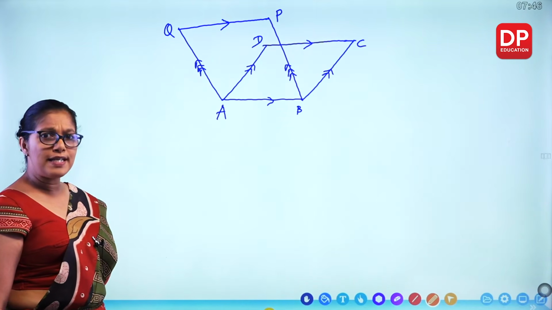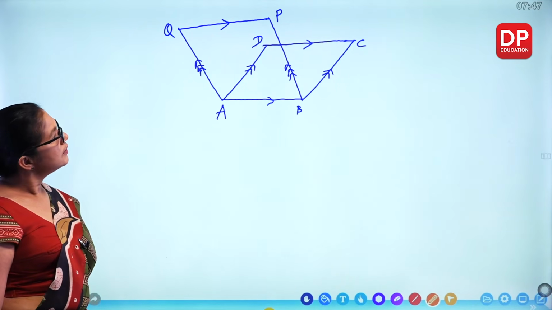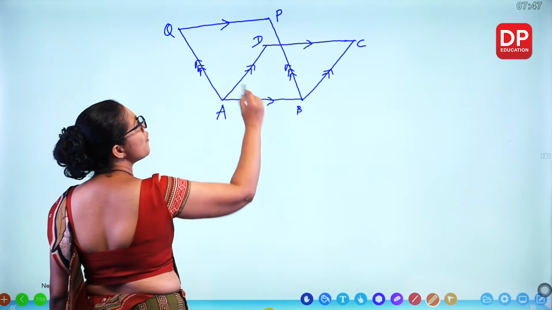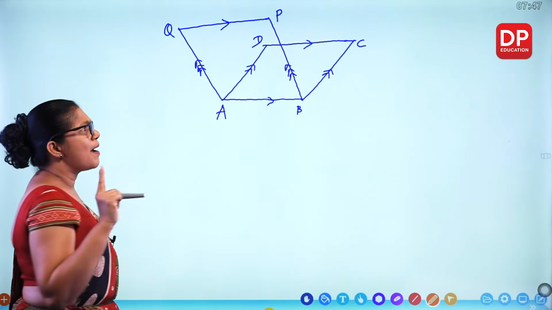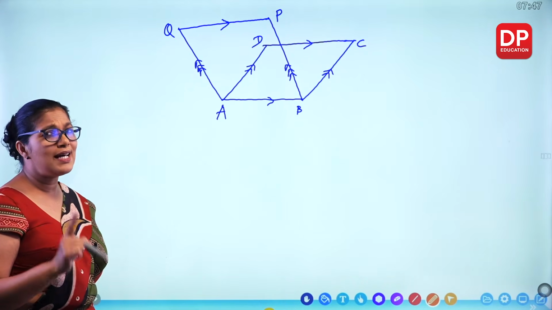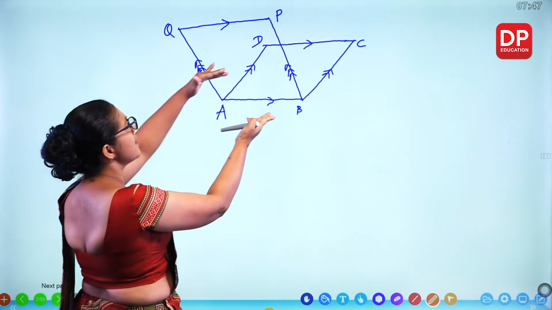What can you say about this diagram? You get two parallelograms. What can we say? Same base for both parallelograms. But these two parallelograms are not in between the same pair of parallel lines. This one is different.